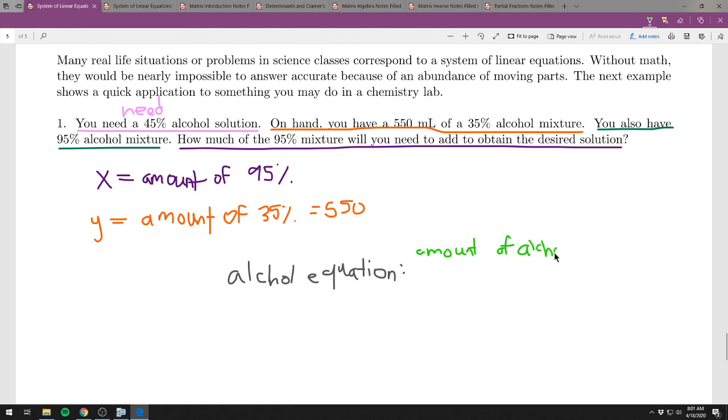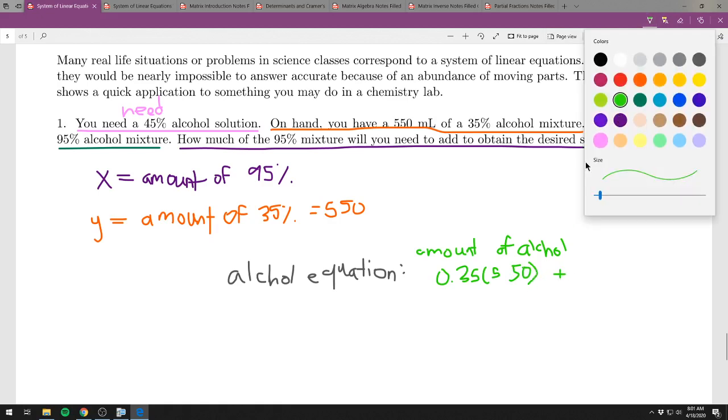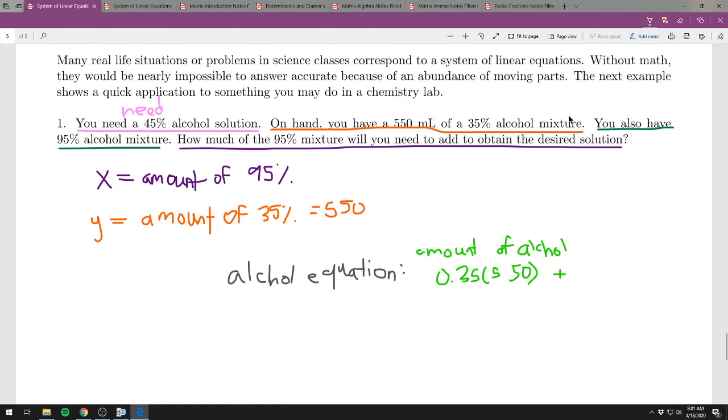Right? It's going to be 35% of 550. Then you don't need to figure that out right away. Just do 0.35, that's our 35%, times 550. Right, this is the amount of alcohol in the 35% mixture. I just switched 35 to 0.35 and the amount that we're adding.